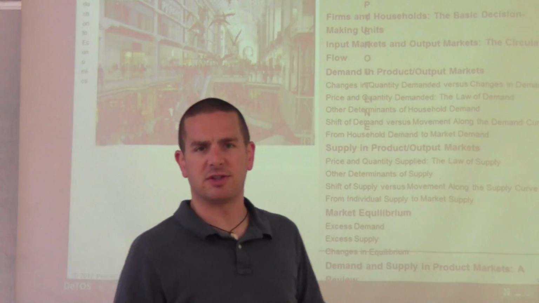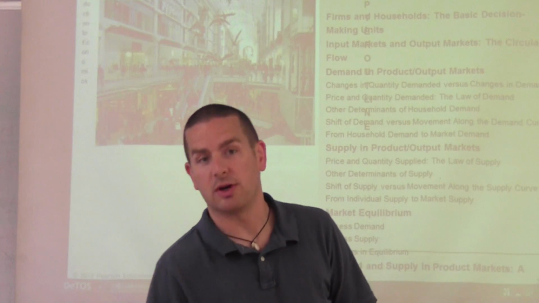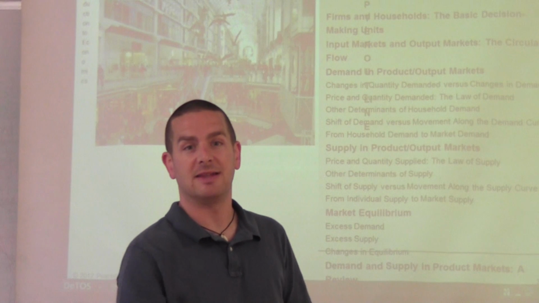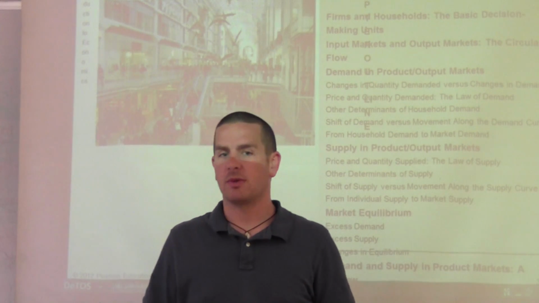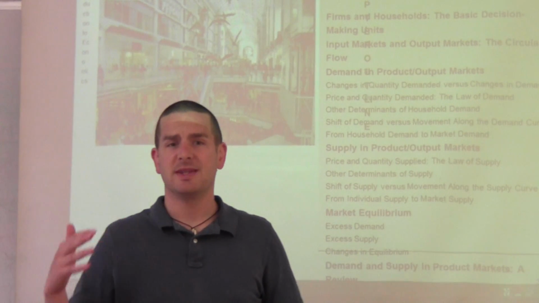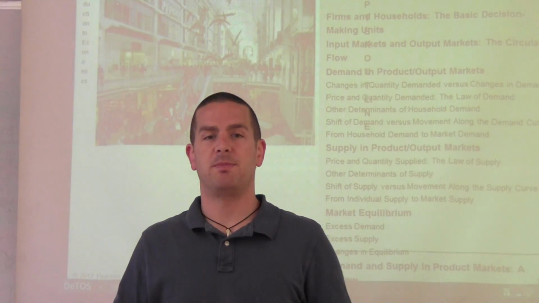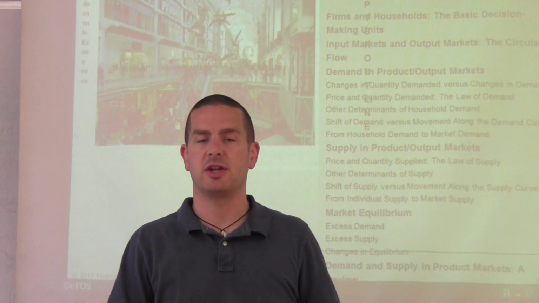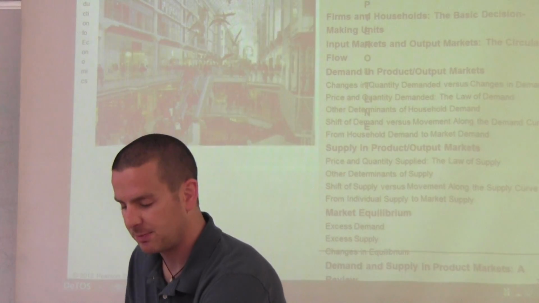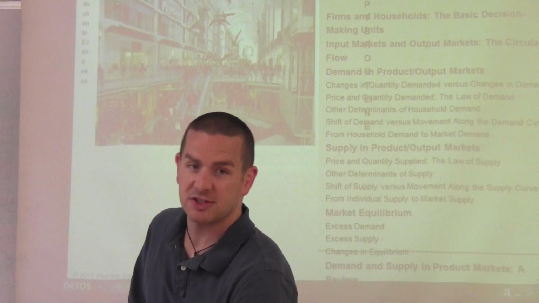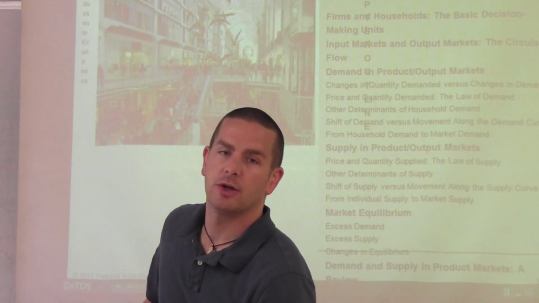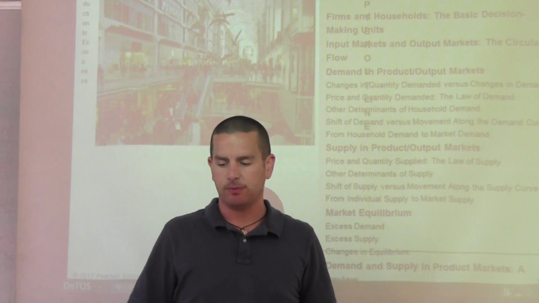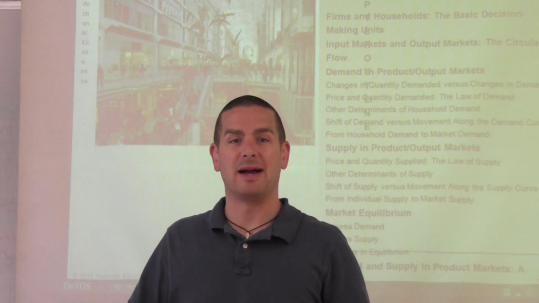Before we get a little ahead of ourselves though, what we need to do is introduce you to supply and demand. Now, supply simply refers to what businesses produce. It's the supply of goods, supply of water bottles, cell phones, sunglasses, Coca-Cola, hamburgers, whatever. Demand refers to what people buy.